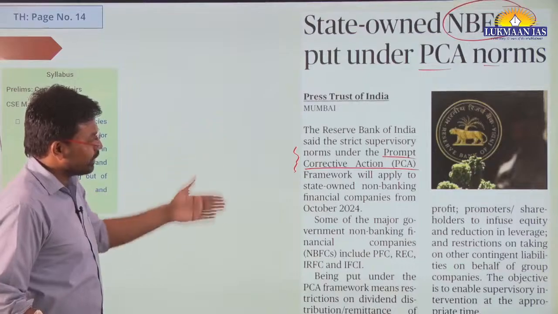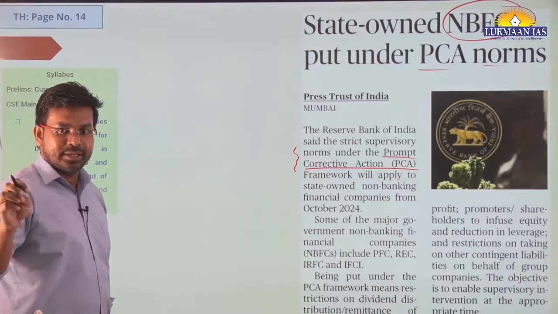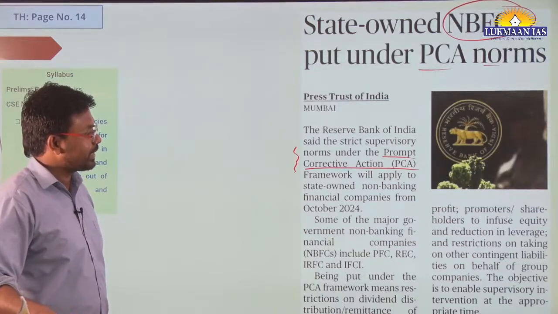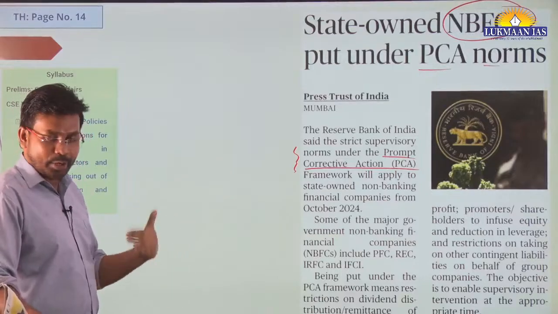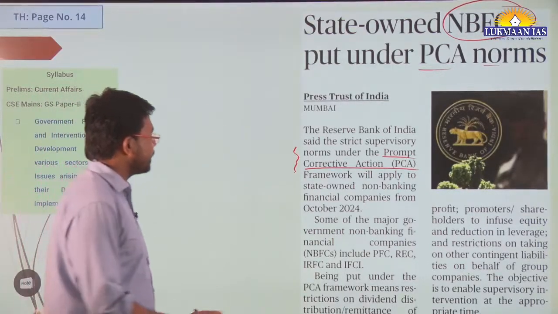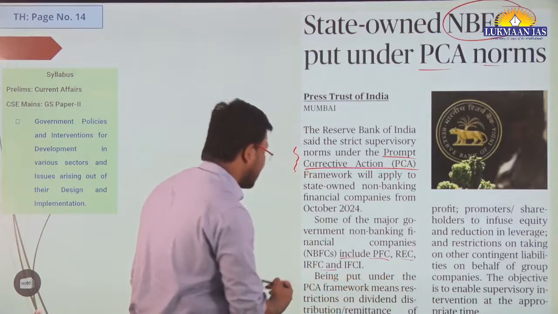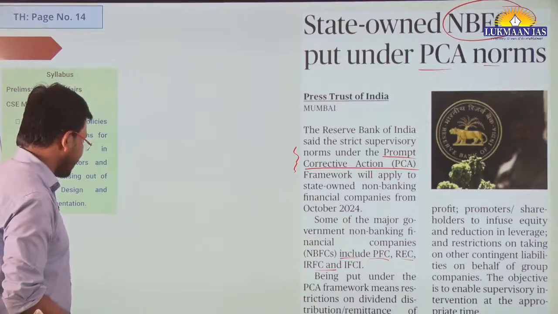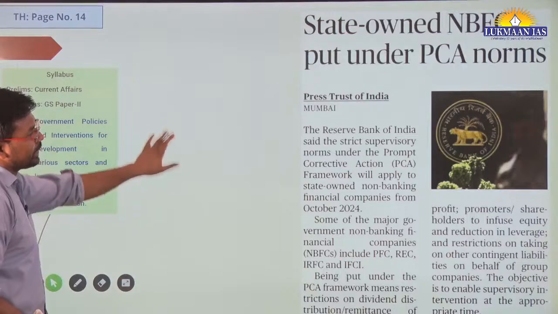The directors, the Central Board of Directors, are replaced by RBI appointed people. Some of the major government non-banking financial companies include PFC, REC, IRFC and IFCI. So we just needed to understand what prompt corrective action is.